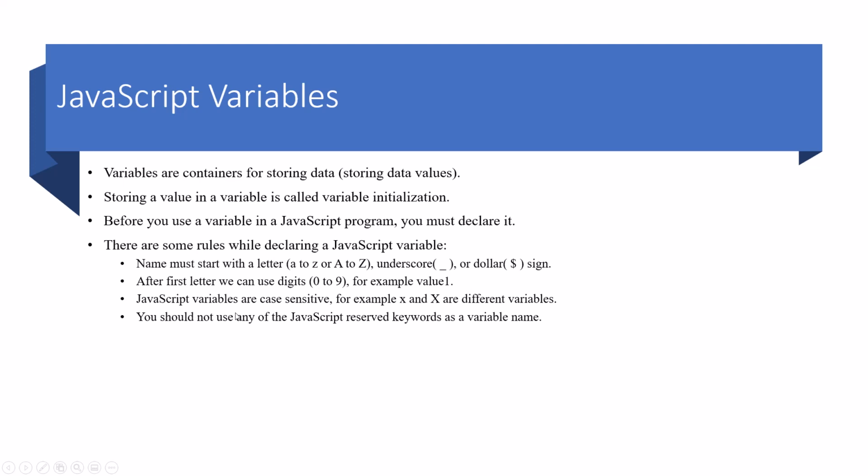JavaScript variables are case sensitive, so we must be cautious with small or capital letters while declaring the variable. You should not use any JavaScript reserved keywords. There are reserved keywords in JavaScript, and we should not use them to declare variables. So these are some of the rules we use while declaring a JavaScript variable.